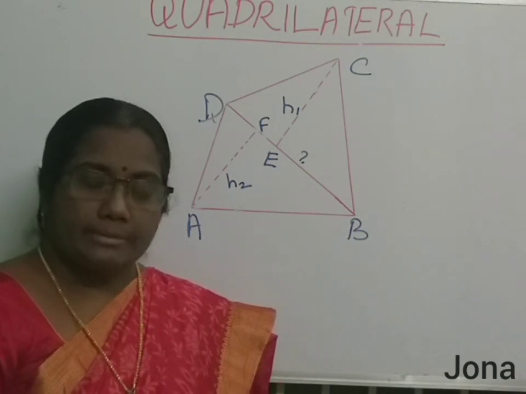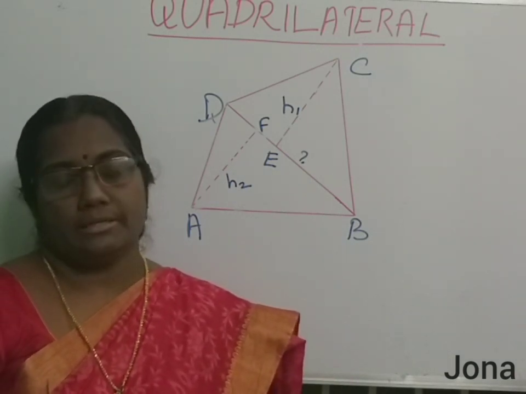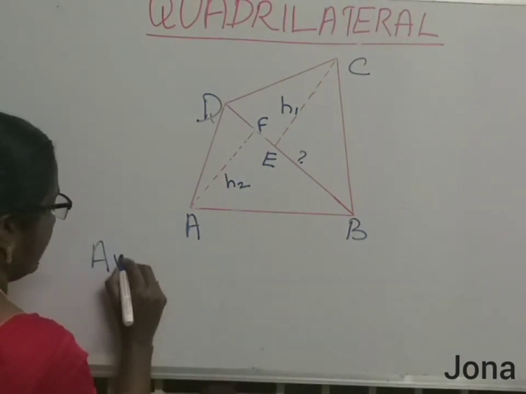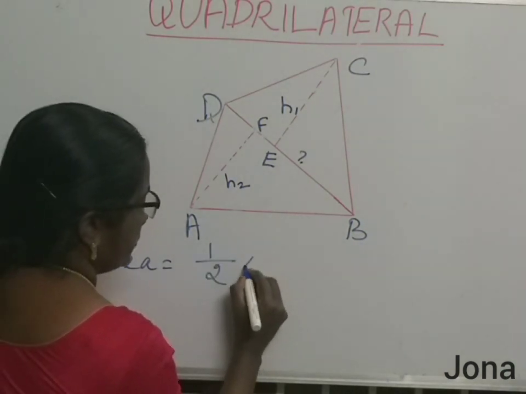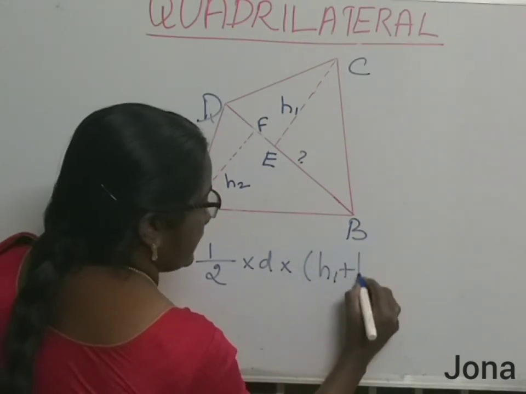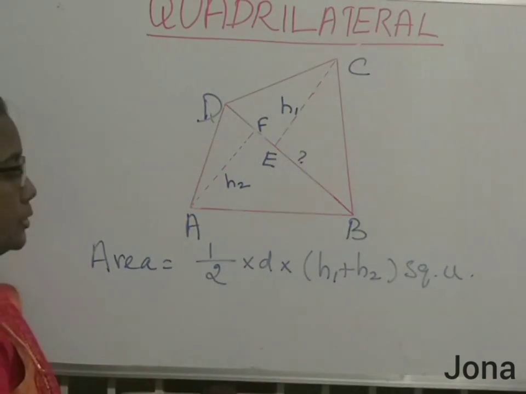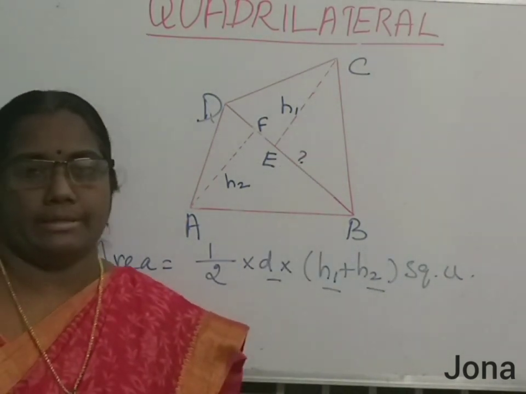From these heights and the diagonal, we can find the area of the quadrilateral. So area of the quadrilateral equals half into D into (H1 plus H2) square units. The H1, H2 and D are given in the problem itself.